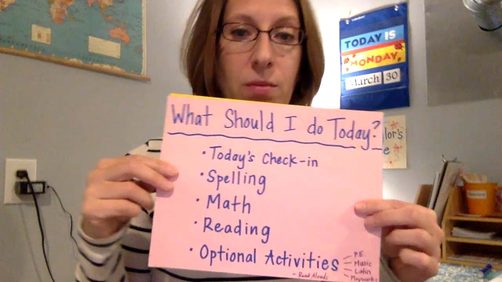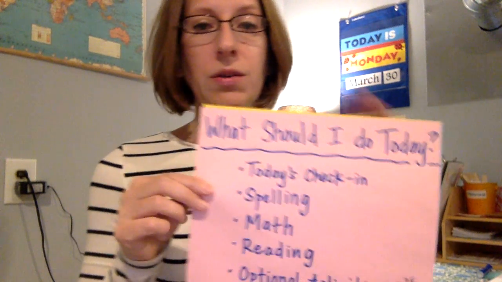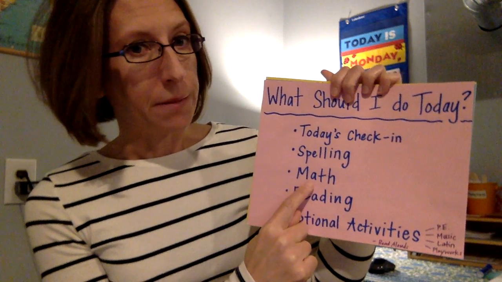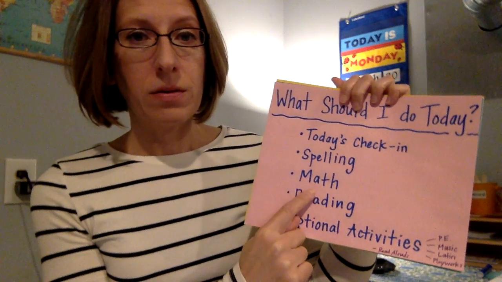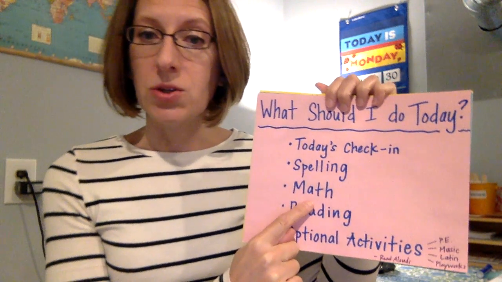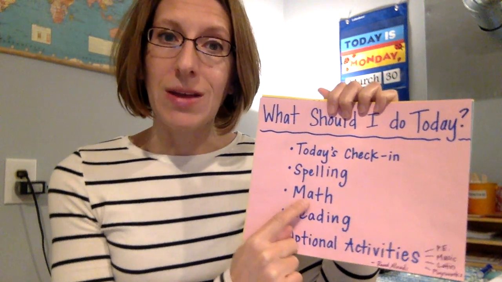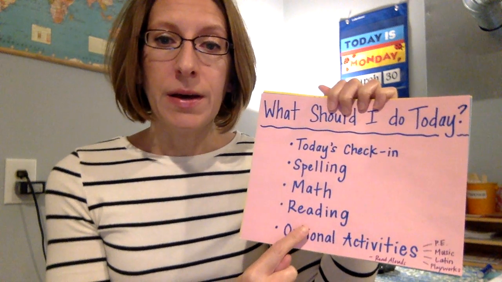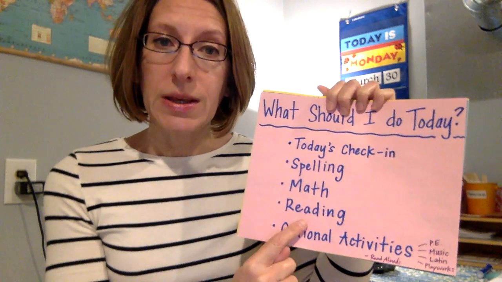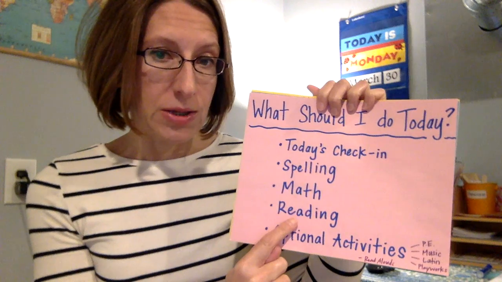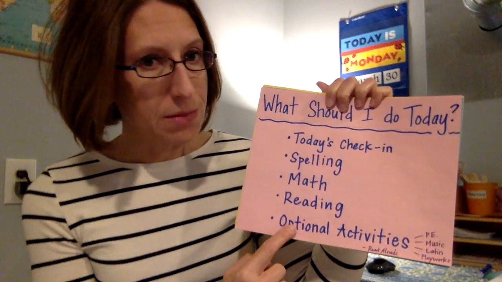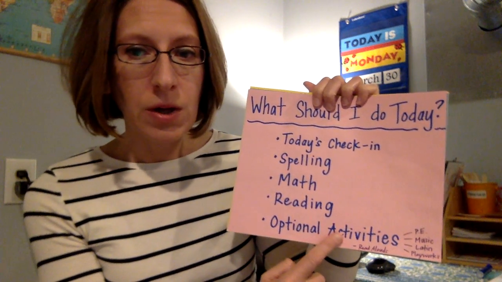Then you're going to have some math work to do, and your math work will be with your math teacher. So whoever your math teacher is, you're going to find that classroom and have a little math assignment. Same for reading. You have a little reading assignment that you're going to do for your reading teacher. And then there's some optional things that you can do.